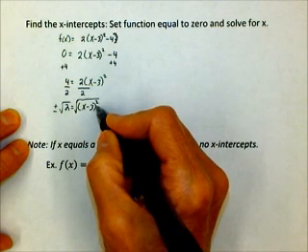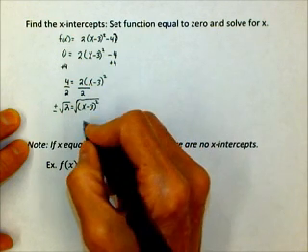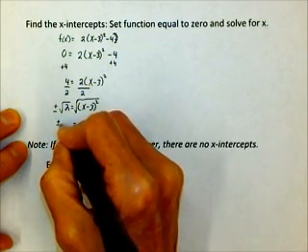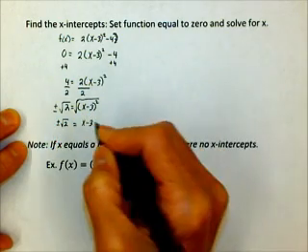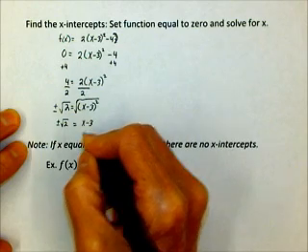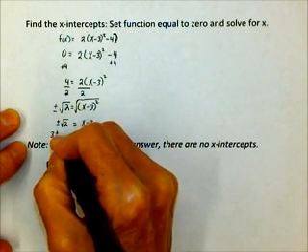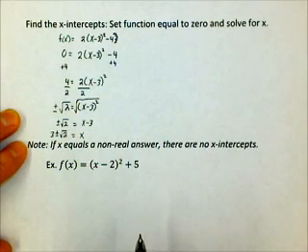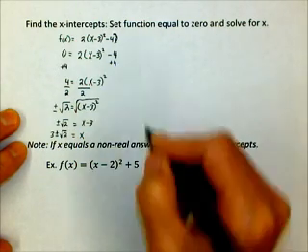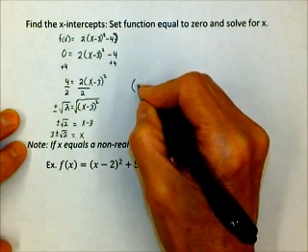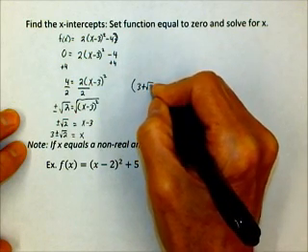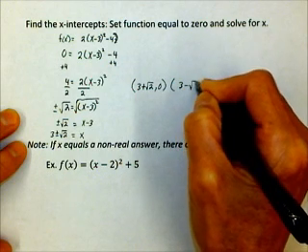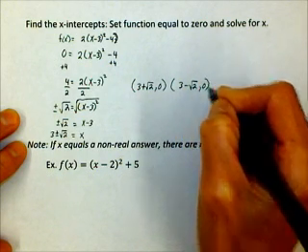When I square root this, I get rid of everything except what's inside the parentheses. Now if I add 3 to both sides, I get 3 plus or minus the square root of 2 equals x. So to write that as an ordered pair, for my x-intercepts, I would have 3 plus the square root of 2, comma 0, and 3 minus the square root of 2, comma 0.